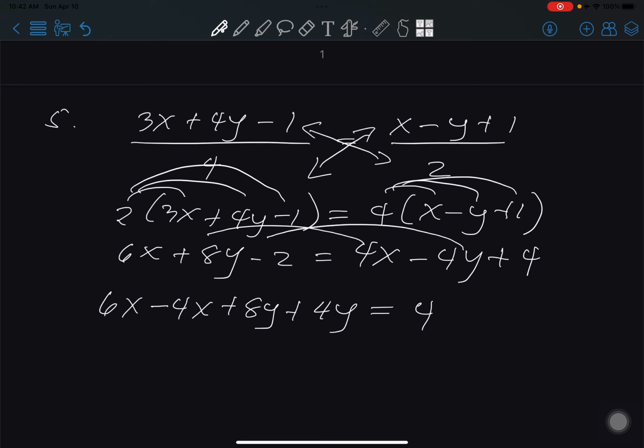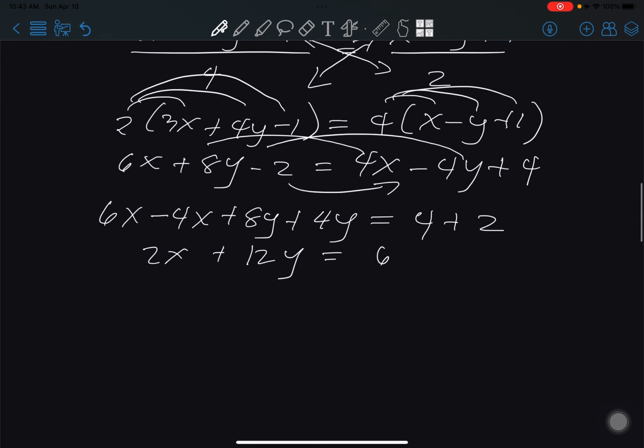To transpose your constant here, plus 2. Okay, from minus 2 it became plus 2. Now 6x minus 4x, we have 2x, then 8y plus 4y, we have plus 12y is equal to 6.